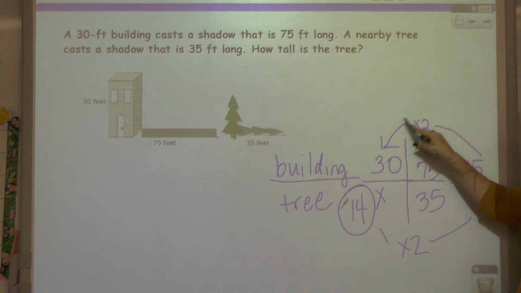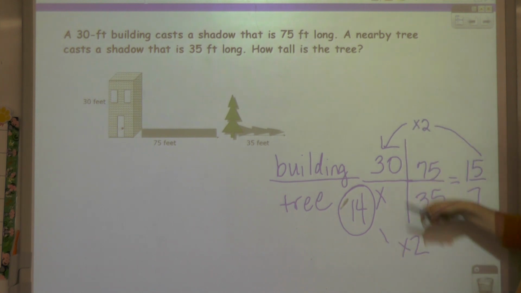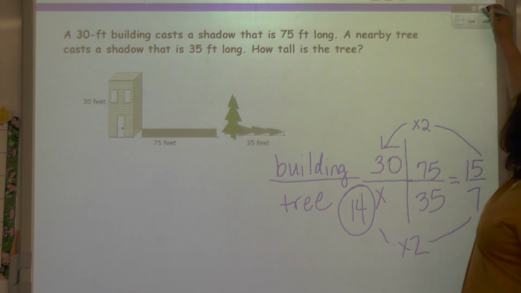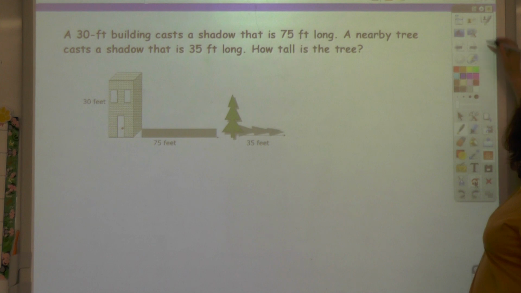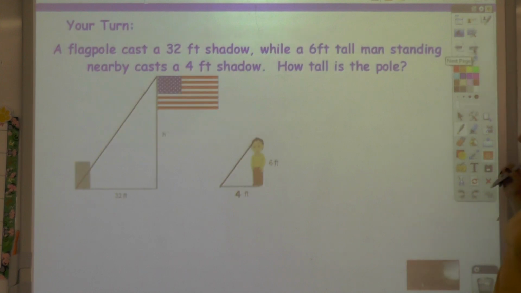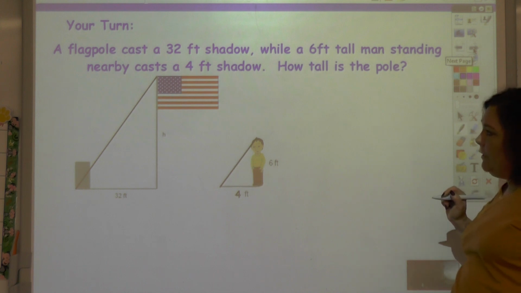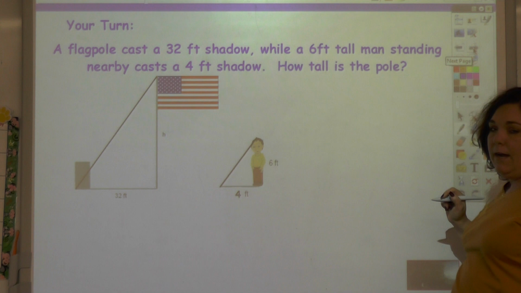And then you have to simplify before you can multiply. So it is solving a proportion after you set it up correctly. So go ahead and set this up and then come back and check how you did and if you found the right answer.